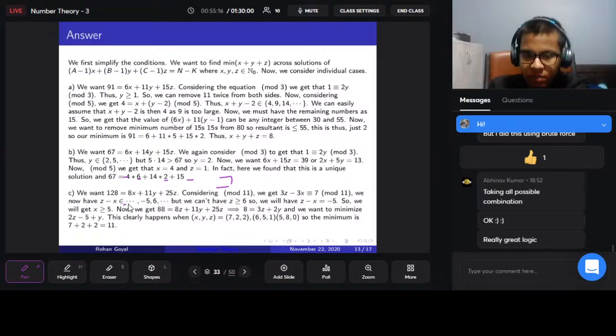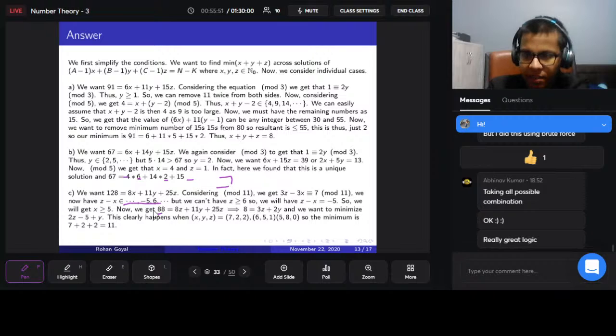So because we get that z minus x is in this set, we obviously cannot have z greater than or equal to 6 because that is too large. So we'll have z minus x equal minus 5. So we'll get x greater than or equal to 5. So we can now immediately write, because x equals z plus 5, I took out the 8 into 5 and subtracted it.